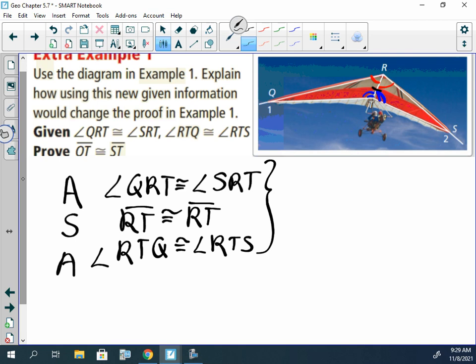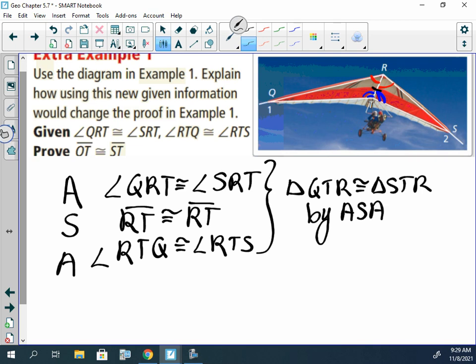Which means we could say that triangle QTR is congruent to triangle STR by angle, side, angle. Thus, QT is congruent to ST by what?